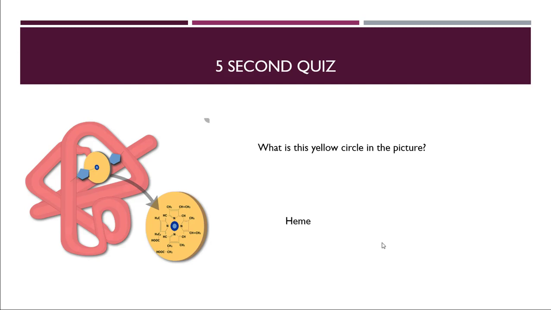This is heme protein. Next question: what is the blue circle in the center of the heme group? 5, 4, 3, 2, 1. This is the ferrous atom, or iron atom, you can say.